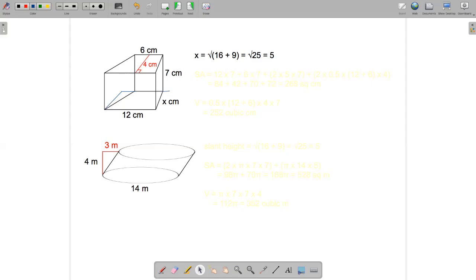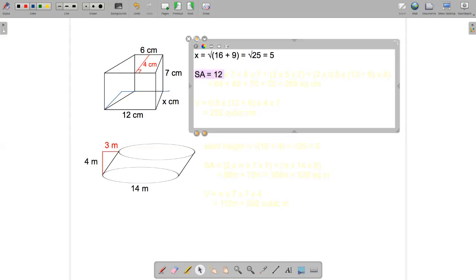Okay, so let's put all that together. So the surface area, there's the rectangle at the front. There's the rectangle at the back. These are the two side rectangles. Remember, we figured out that x was equal to 5. That's where the 5 is coming from. And then the two trapezoids on the top and the bottom.